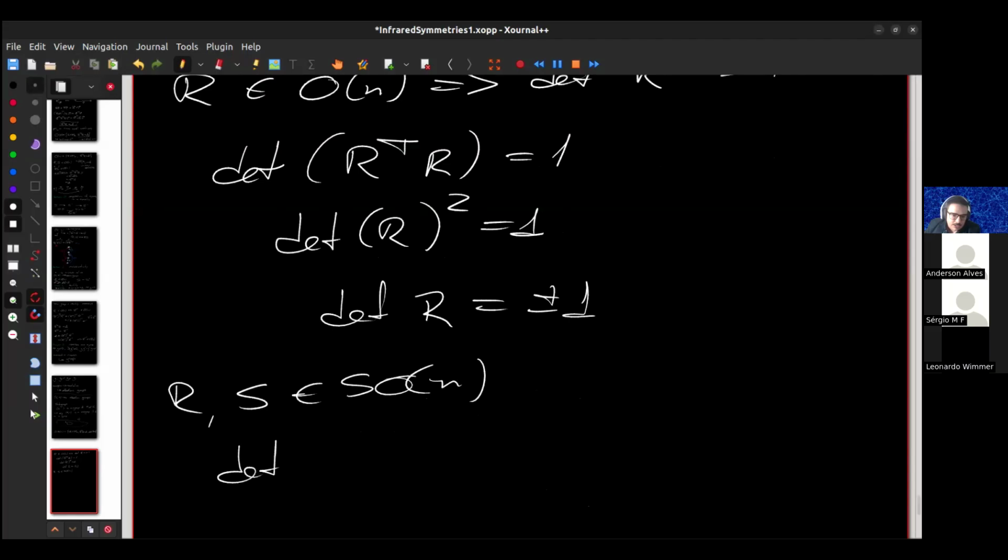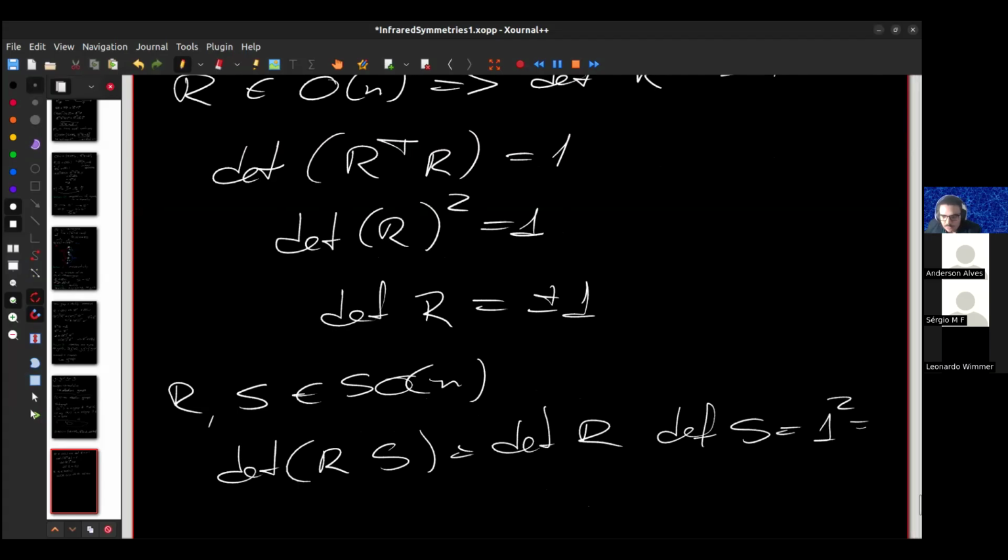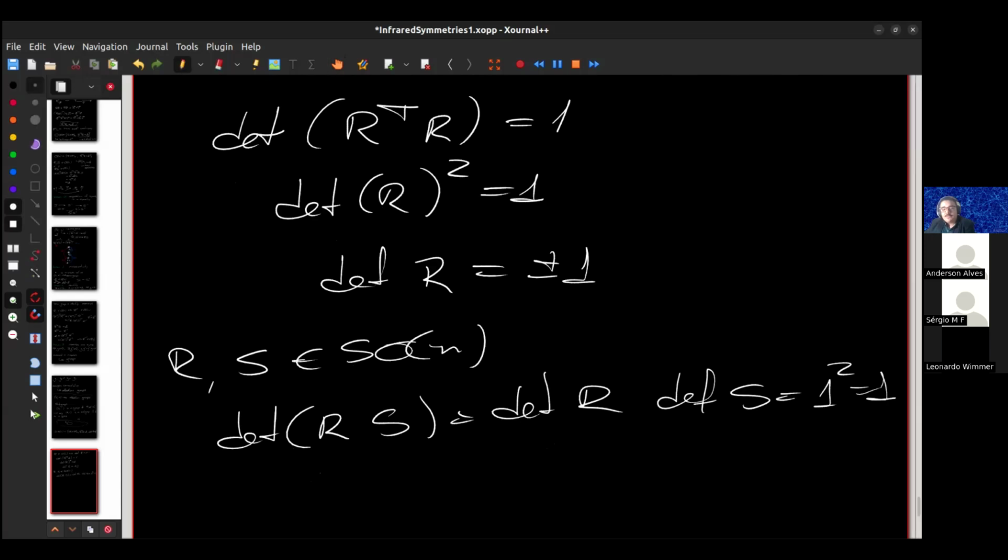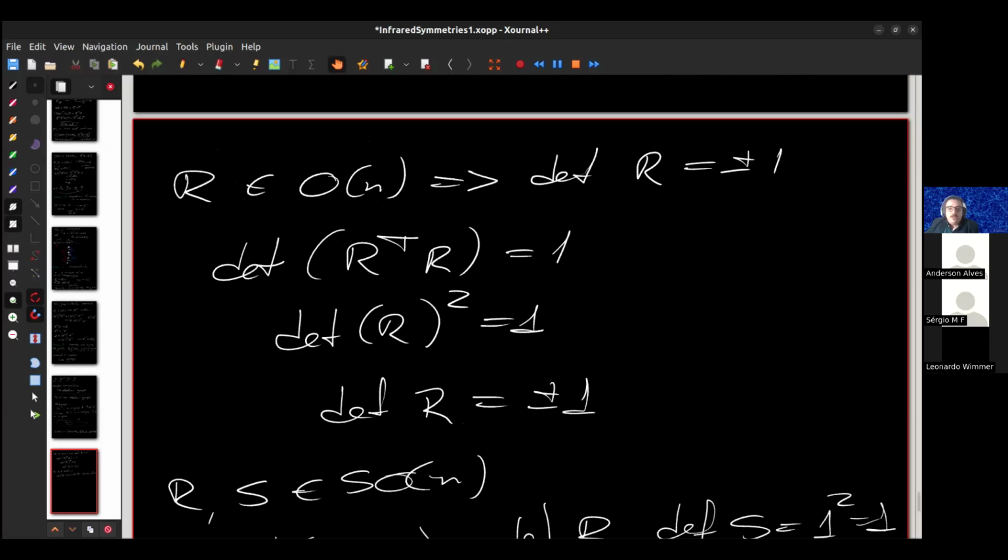And the way you do that is that det(RS) equals det R times det S, which is 1 squared, which is 1. So indeed, if I take the product of 2 elements inside SO(N), I still have an element of SO(N), and this makes SO(N) a group.